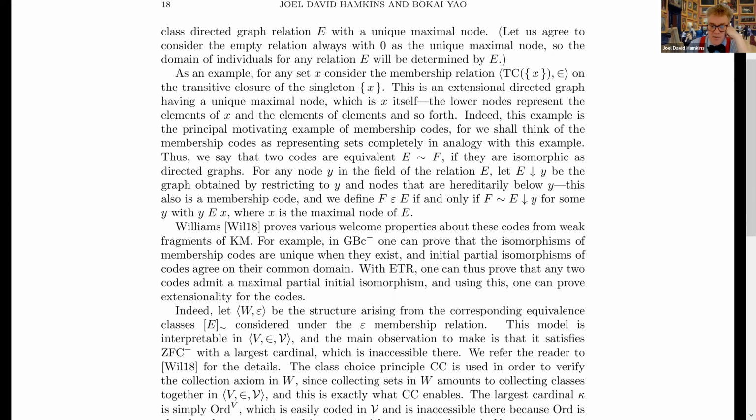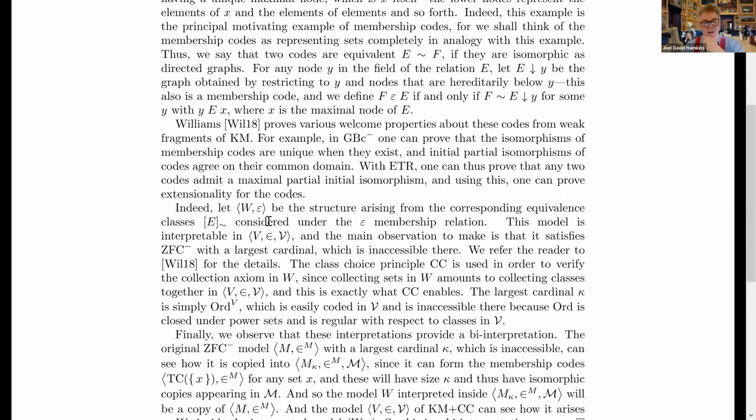It's well-founded, even though it's a proper class. So the elements of the set coded by E are precisely represented by these Y's, which are predecessors of the maximal node. Then one can prove, using KM, that the set W of equivalence classes by these equivalence relations gives you a model of ZFC minus. That's quite a nice construction.